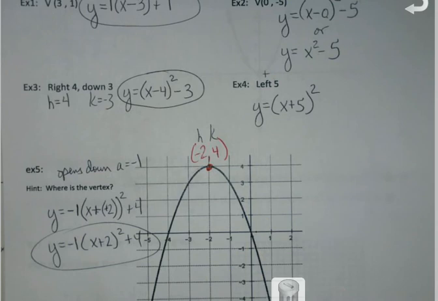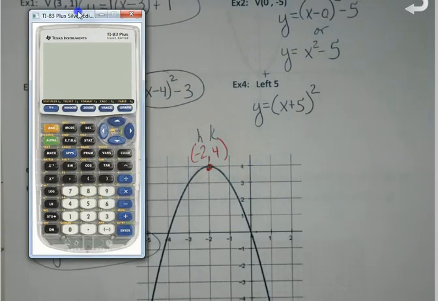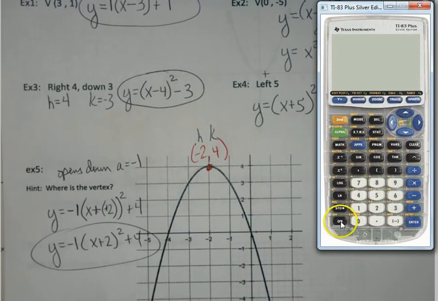Because if I were to double check this, which I am going to do because I'm curious if I did this right, if I go to y equals and I type this in, I should get a graph that looks pretty similar to the one that I just was looking at. And there it is.